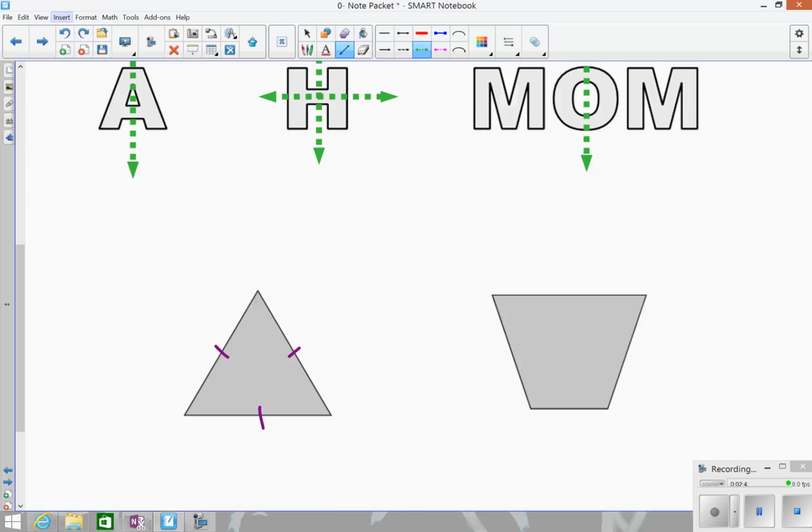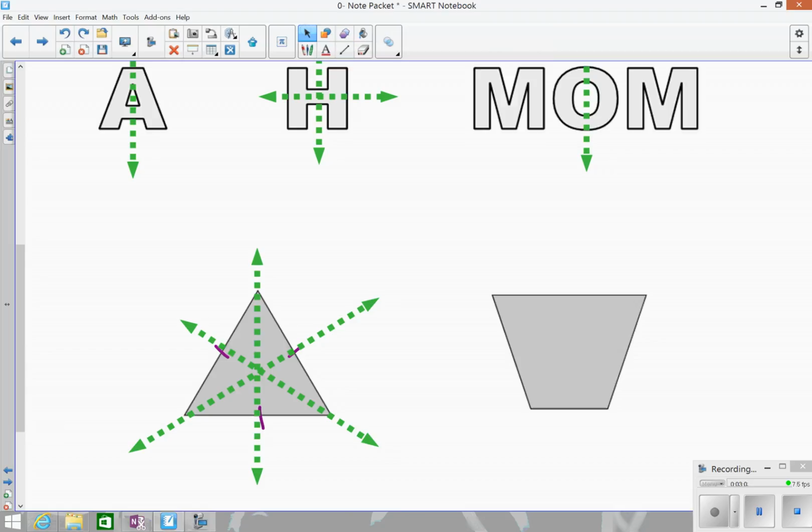So if you fold along this line, this left side will go to the right side. I can also do one through this vertex, a line of symmetry, and I can also do one through this. So if I were to fold along this line, then this side will match up with this side. Now remember, I don't know that these are exact. I'm just kind of estimating this based on what I see.